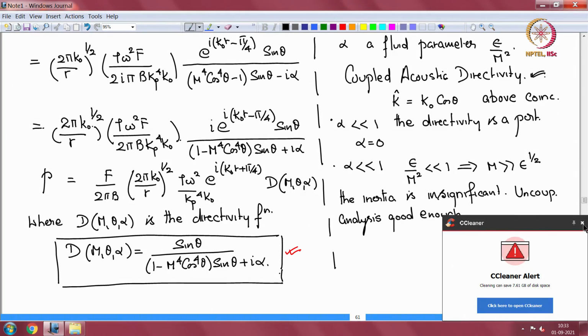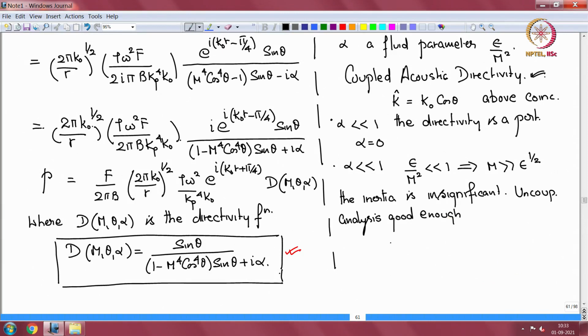Now when α is 0, we get the directivity D given by 1 over 1 minus m to the power 4 cos⁴θ, and m is greater than 1, and therefore there is an angle cos θm equal to 1 over m, kp by k0, where D tends to infinity.